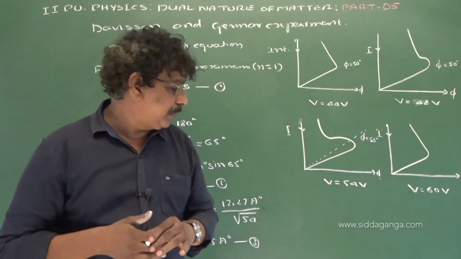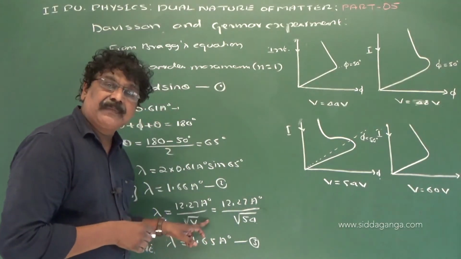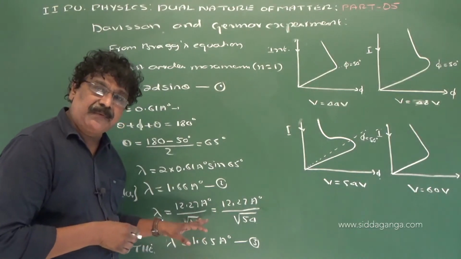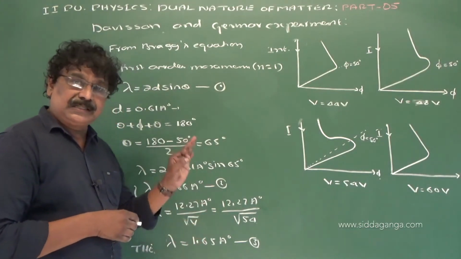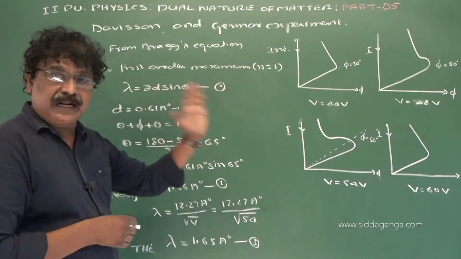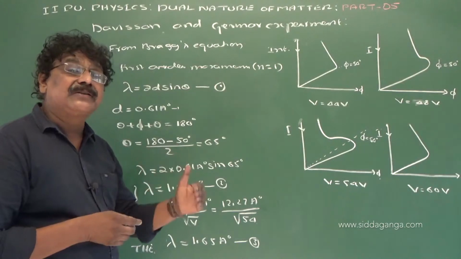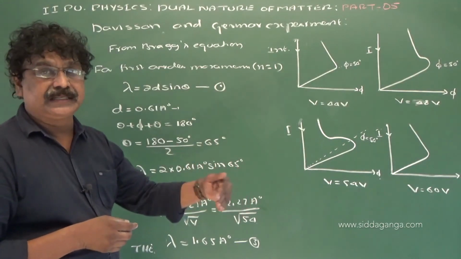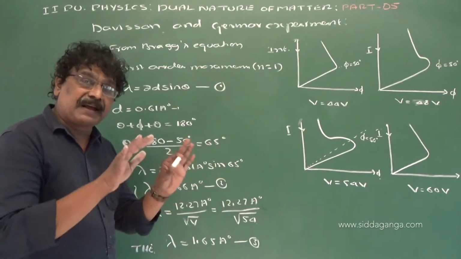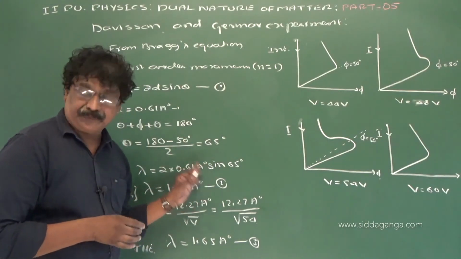Therefore, this electron in motion exhibits wave nature. So, this is how Davisson and Germer experimentally demonstrated the wave nature of electron in motion, that is, it exhibits a diffraction pattern.